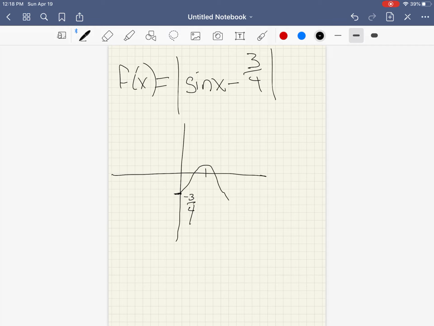And then it comes down here, down, and then back up. And it would do the same thing on the other side. So it crosses here, it goes down like this, and then it comes up. And it shows you that this would actually be 1 minus 3/4, so this would be 1/4.